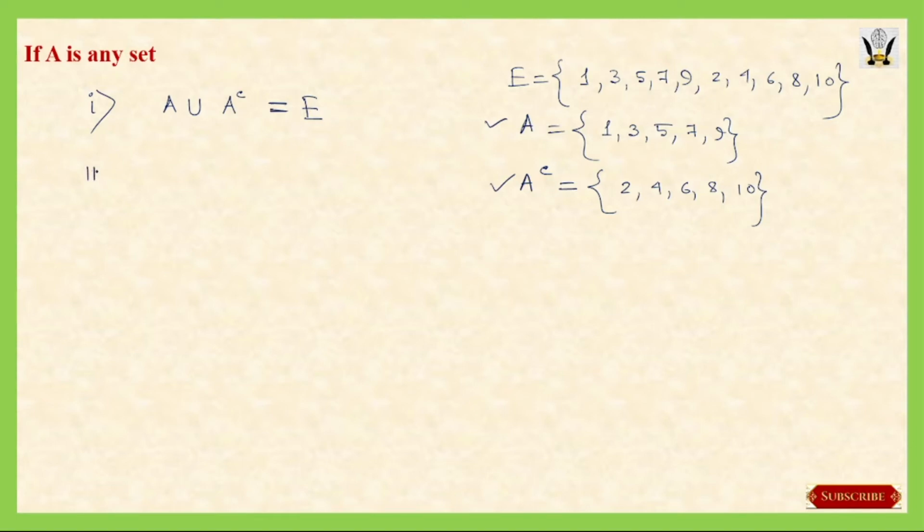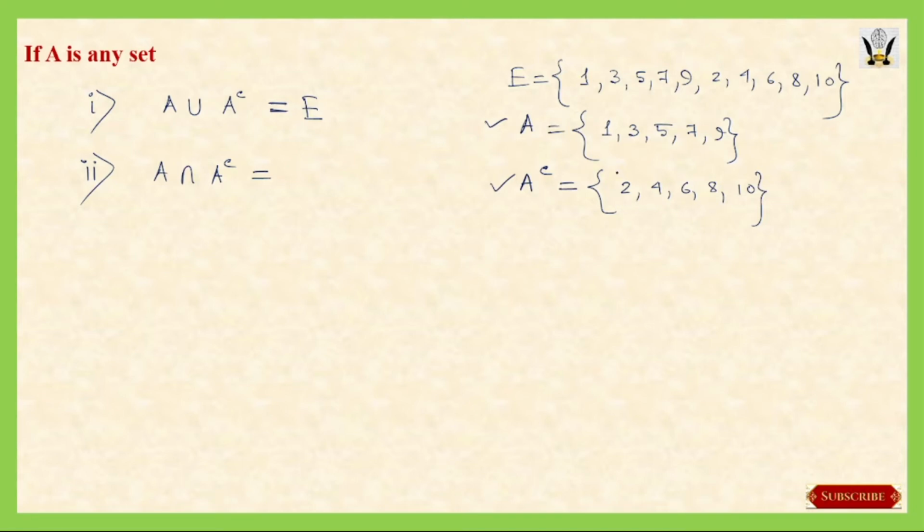Now the second relation that we can derive here is, if we perform intersection operation between A and A complement, then what will it be? A has these 5 elements, and A complement has just different 5 elements.